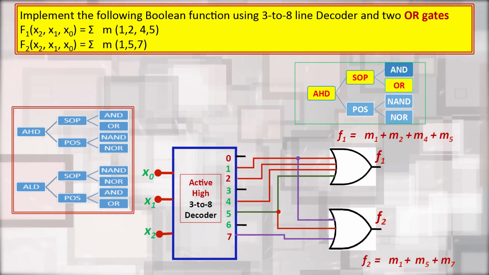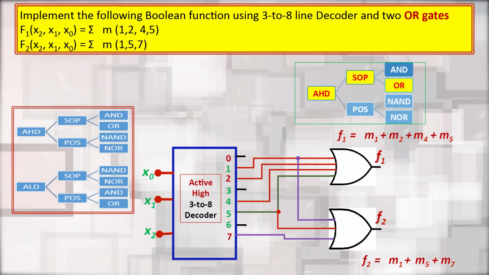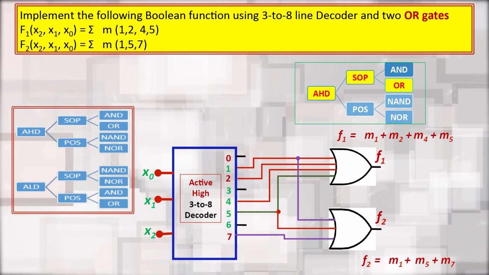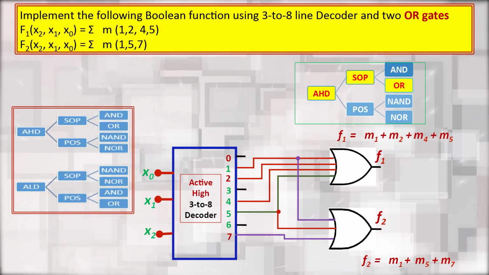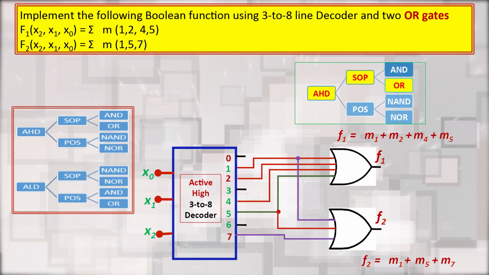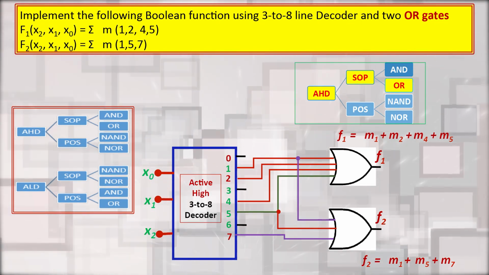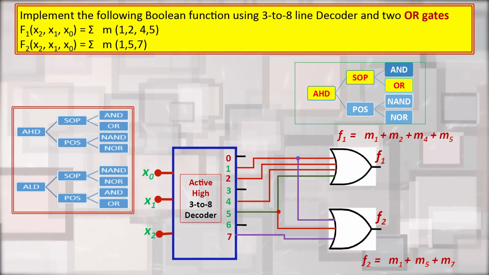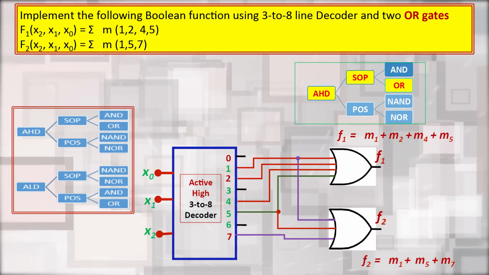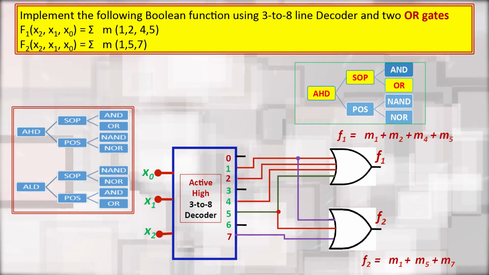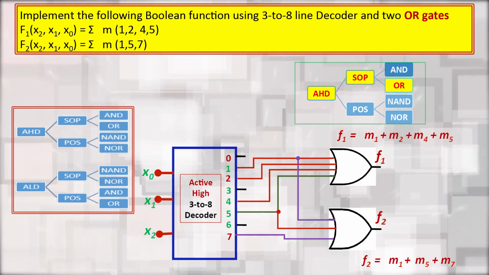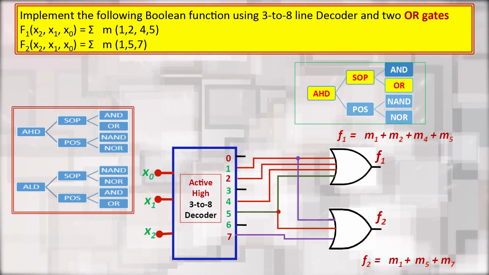In this problem it is asked to implement the following functions using a 3 to 8 decoder with 2 OR gates. The function f1 is summation m 1, 2, 4, 5 and the f2 function is summation m 1, 5, 7. Now, it says to use OR gates. See the logic: the equation given is SOP and it is asked to use OR gates.